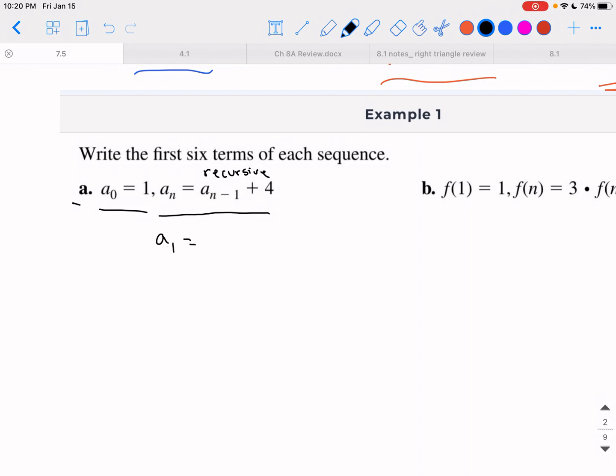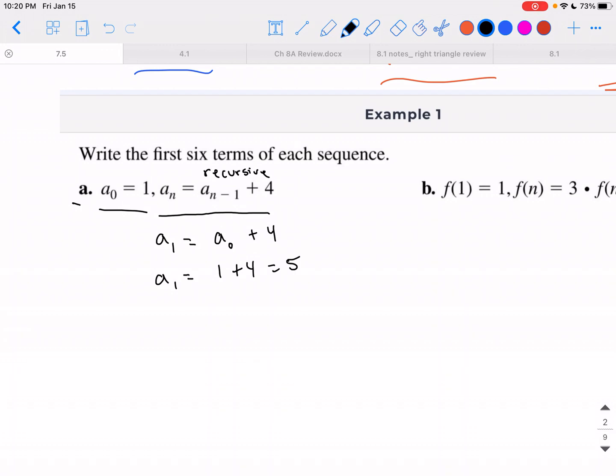And a sub n minus 1, we're used to plugging in n, but it's actually referring to the specific term. So if I have a sub n minus 1, that's the previous term, which is a sub 0. So a sub 0 would be plugged in here plus 4. So a sub 1 would be equal to 1 plus 4, which is equal to 5.